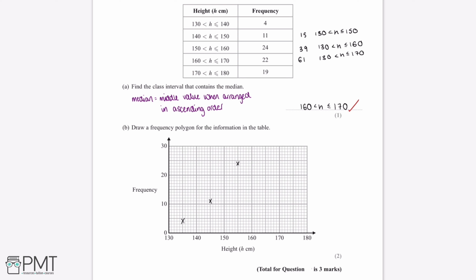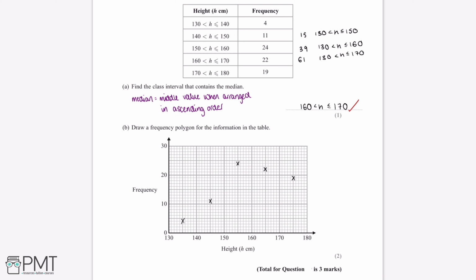So we'll plot the point 165, 22. And finally, heights between 170 and 180 centimetres, the midpoint will be 175 centimetres and the frequency is 19. So we'll plot the point 175, 19.